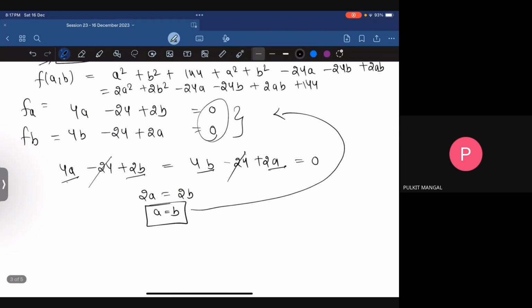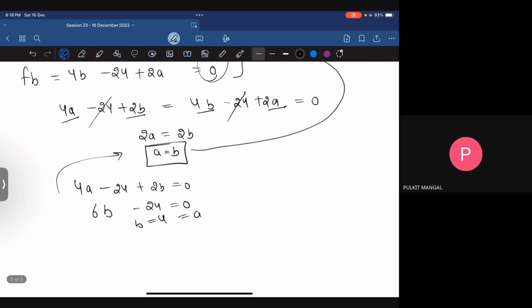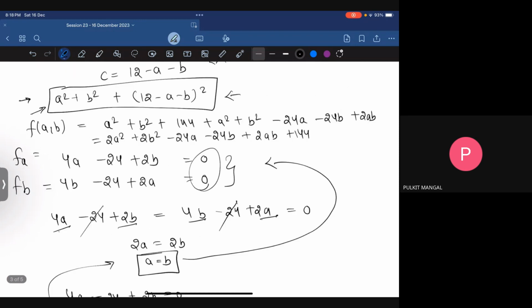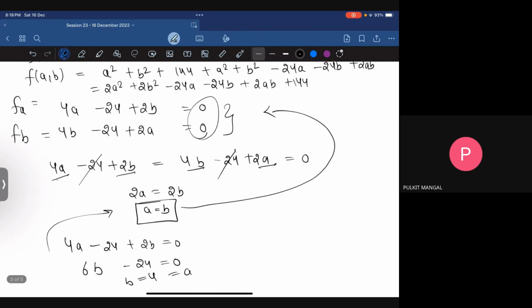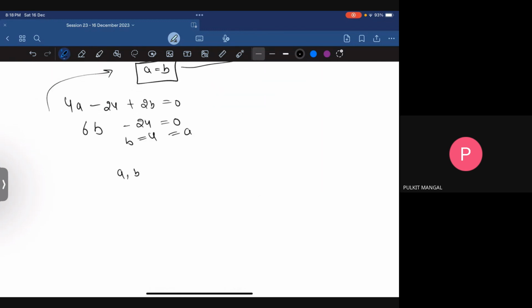So I'm putting a equal to b in one of the equations: 4a minus 24 plus 2b equal to 0. From here we got a equal to b, so 6b minus 24 equal to 0. B is equal to 4, and as b is also equal to a, you get a and b to be 4. And from this equation, we got 12 minus 4 minus 4, so the c value also turns out to be 4. So a, b, and c have to be 4.